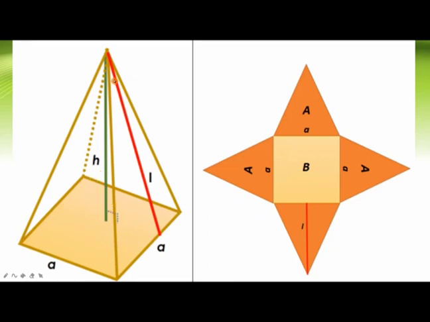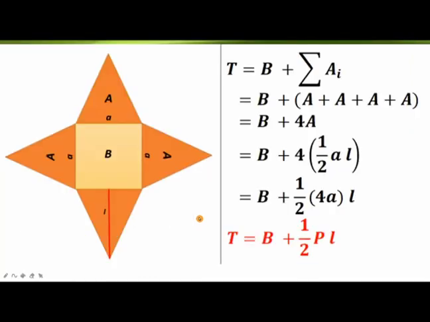Let's denote the height by h and the slant height by L. Here, we also denote the side of the square base by A. Referring to the net, we'll derive a formula for the total surface area.